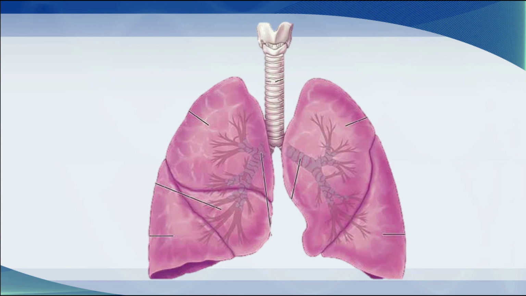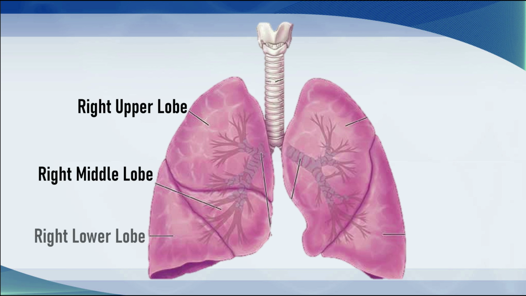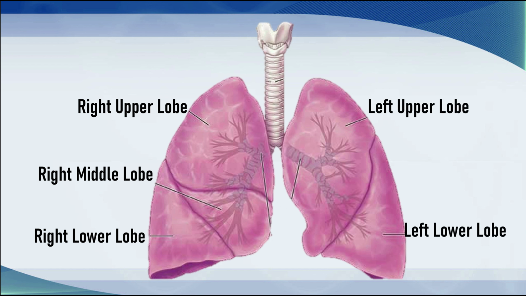Let's do some revision of the anatomy of the lungs. First of all, you need to understand that there are 5 lobes. The right upper lobe, the right middle lobe, the right lower lobe, the left upper lobe, including the lingula, and the left lower lobe.